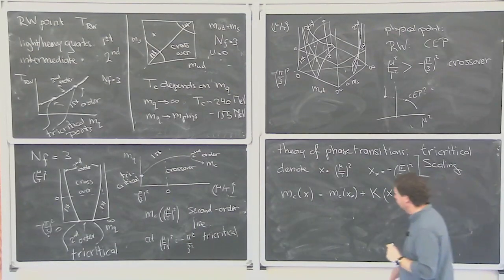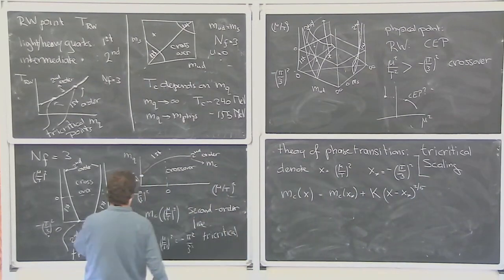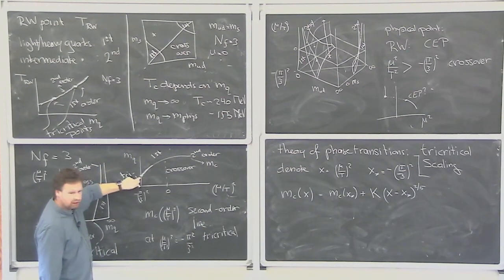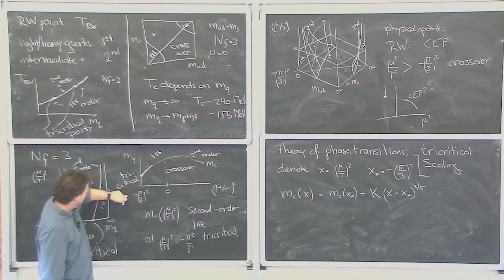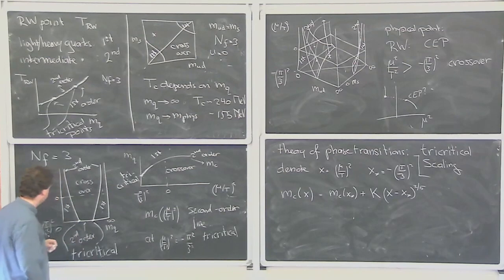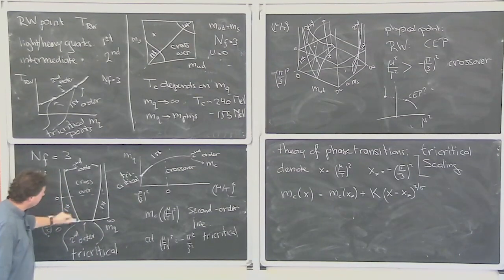So in other words, the curvature here, or the x dependence, is not arbitrary. It's actually determined by the scaling in the vicinity of this tricritical point. So it's not just any line basically here.